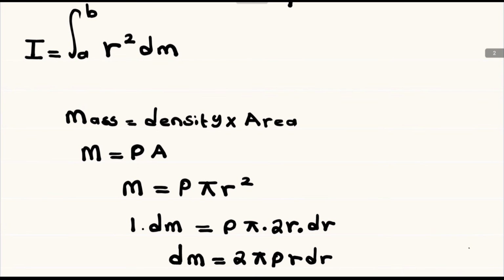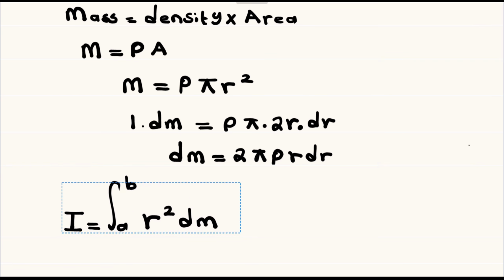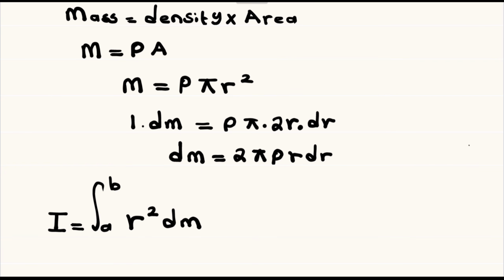We substitute this into this formula for inertia. So we have this as equal to the integral from the point A to the point B of r squared.